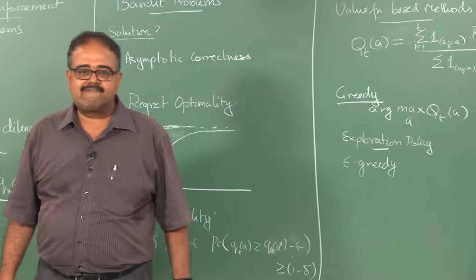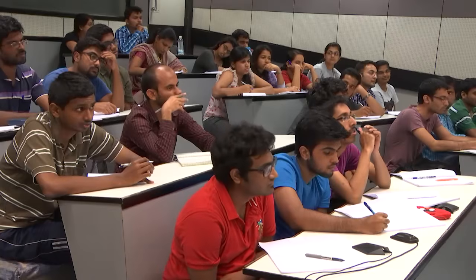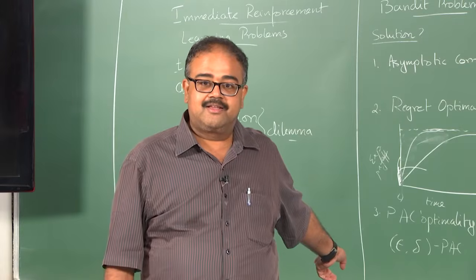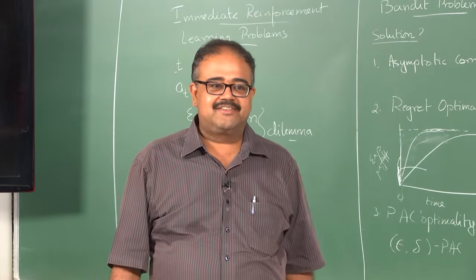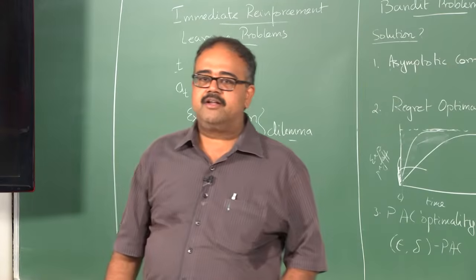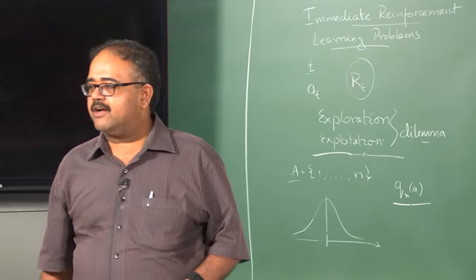Any guesses? Maybe choosing within epsilon of the greedy solution. Okay, good choice. But I said that it has nothing to do with this epsilon. What I do is, with probability 1 minus epsilon, I will be greedy. With probability epsilon, I will just explore.